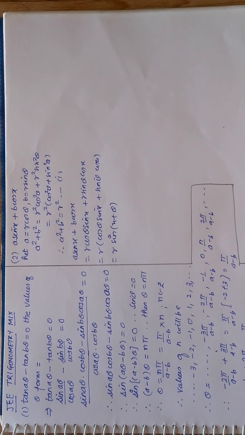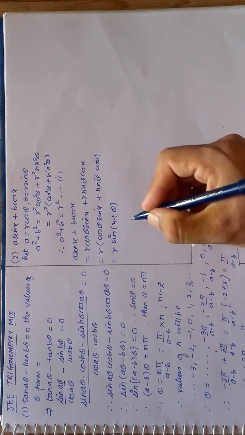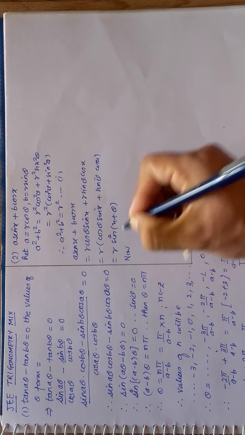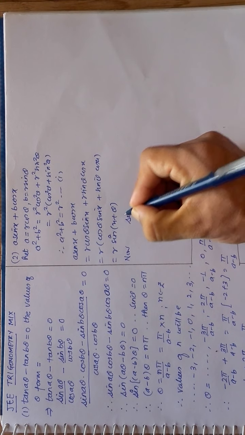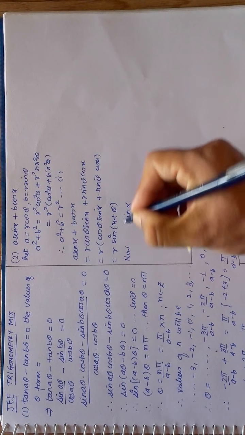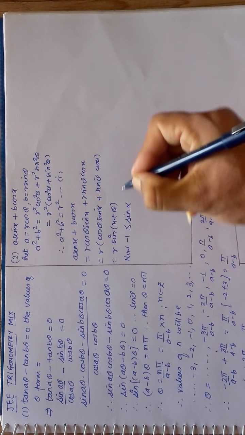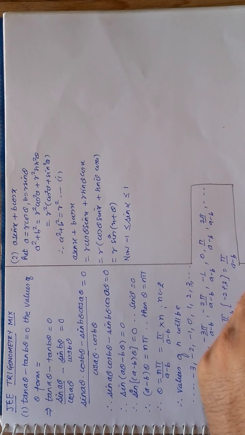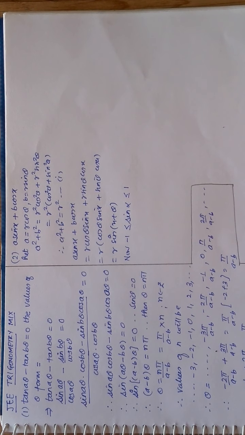Now everyone knows that the value of sine, that is sine alpha, is always greater than or equal to -1 but less than or equal to 1. That is, the value lies in the closed interval of -1 and 1. To define a sine function, we have restricted the range, so it becomes -1 to 1.